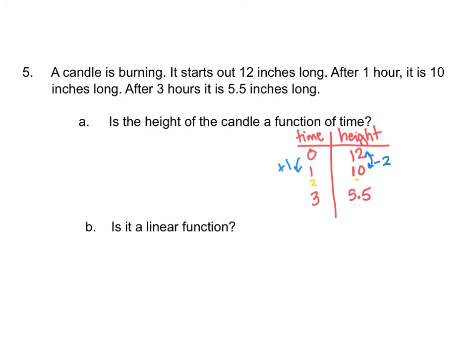Like 2, and then it would be something, right? But let's kind of look at it also. So we went from 1 to 3, it's adding 2. And then we went from 10 to 5.5. So going from 10 to 5.5, it's subtracting 4.5.